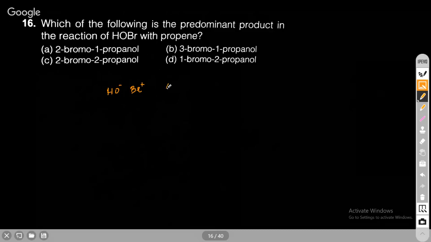Or this reagent we can also write as Br2 with NaOH. Sorry, Br2 with NaOH, right?